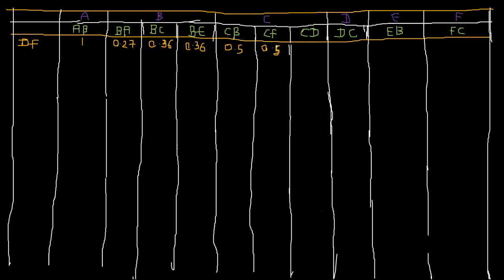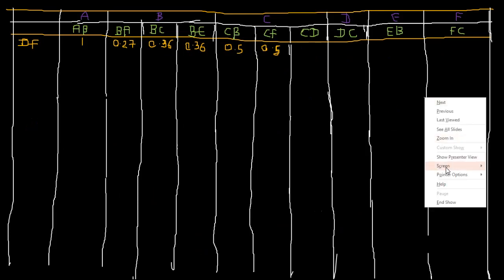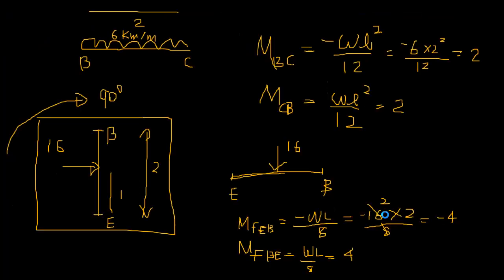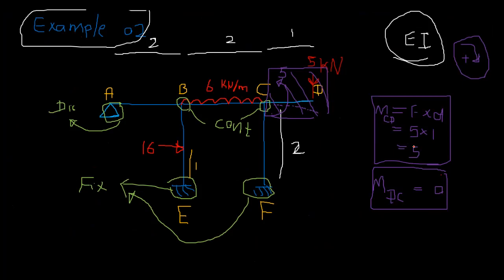Whatever is added is taken by these two members. Why? The cantilever part I've highlighted is already solved, right? So no need to distribute anything to these two parts. At the cantilever end you have zero bending moment, and here you have 5.